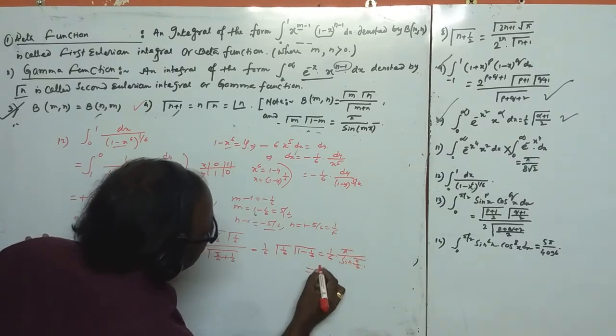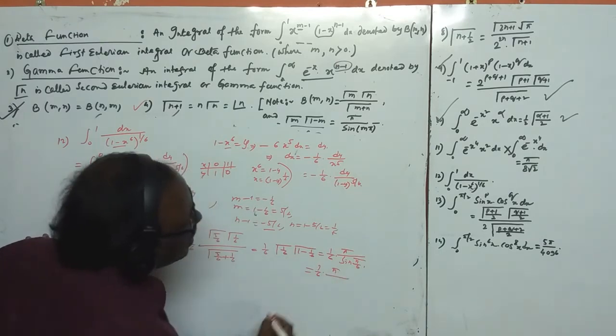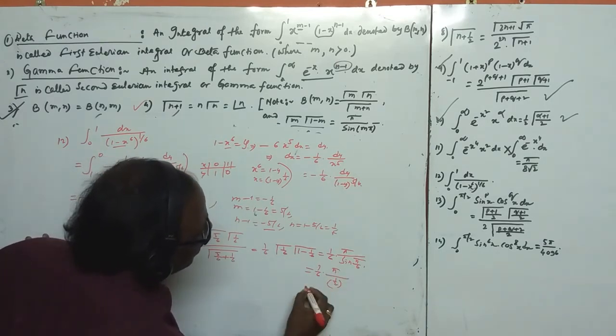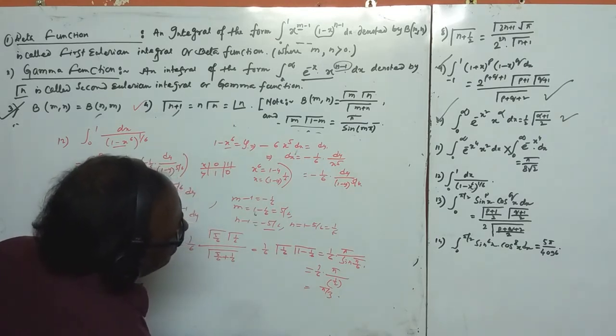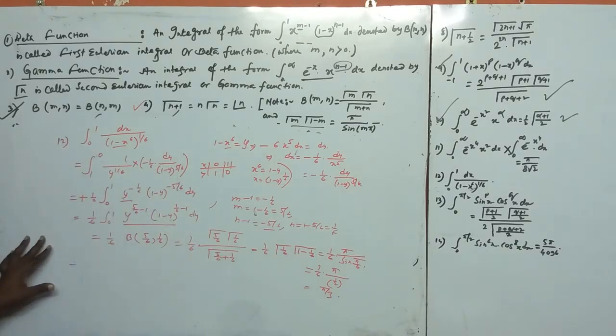Pi by 6 is 30 degrees, sine 30 is half, so it becomes pi by 3. This is the answer for question number 12.